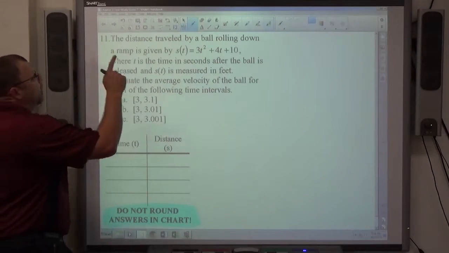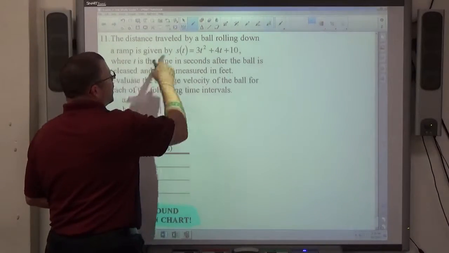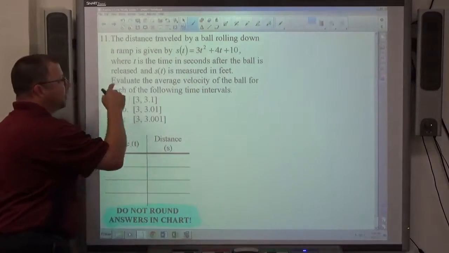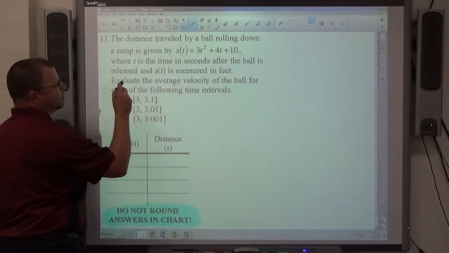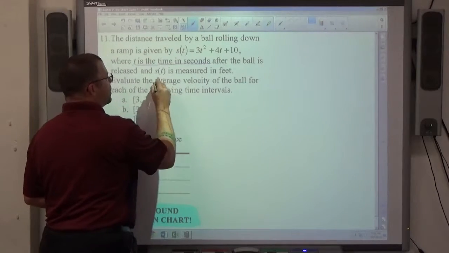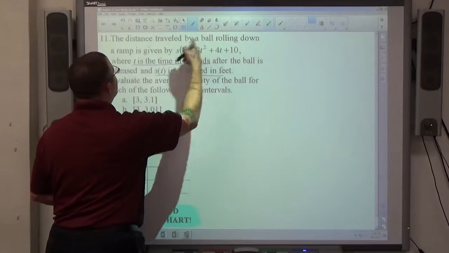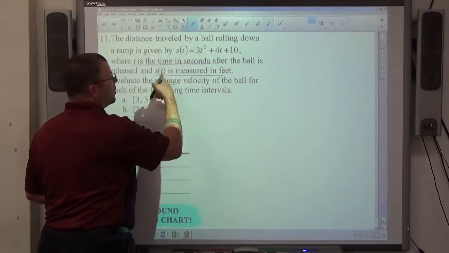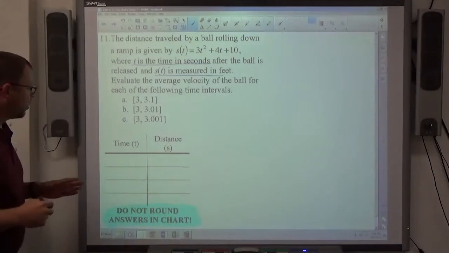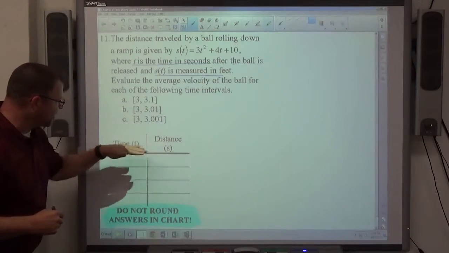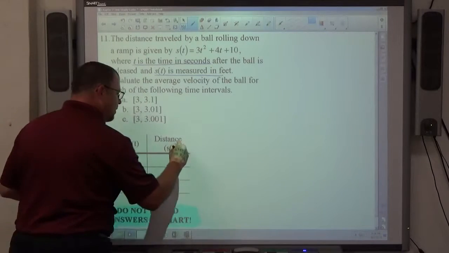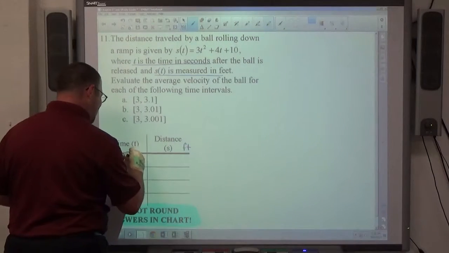So this tells me the distance traveled by a ball rolling down a ramp is given by this function. T is the time in seconds after the ball is released. So T is time in seconds. S of T is the height, the distance traveled, S of T, and it's measured in feet. So S is distance, T is time. Distance is measured in feet, time is measured in seconds.